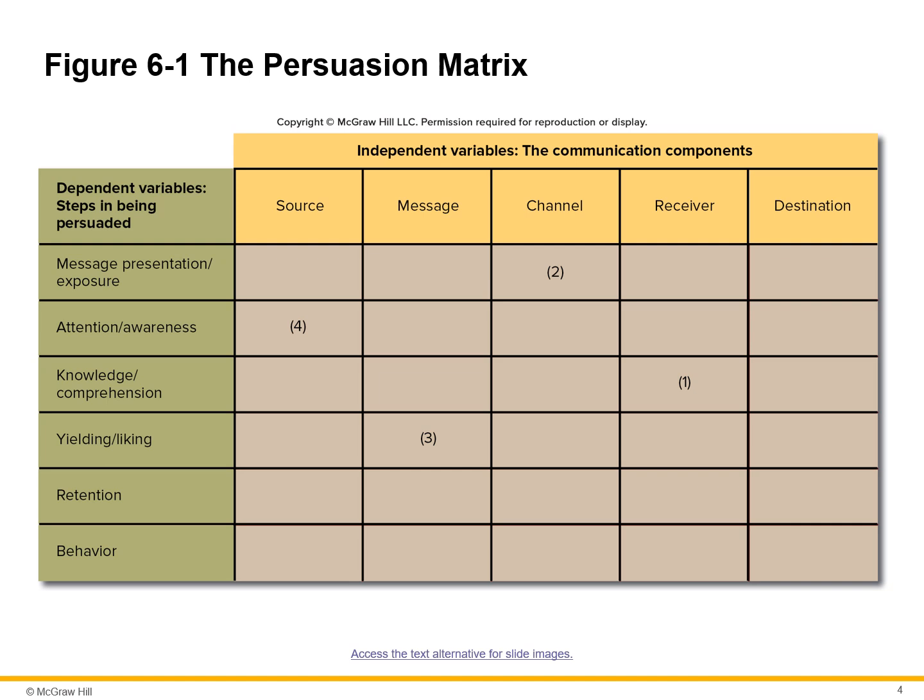But in particular, in this lecture, we will focus on four of them. One is receiver knowledge and comprehension. Two is channel message presentation and exposure. Three, the message and yielding and liking. And four, source and attention awareness.